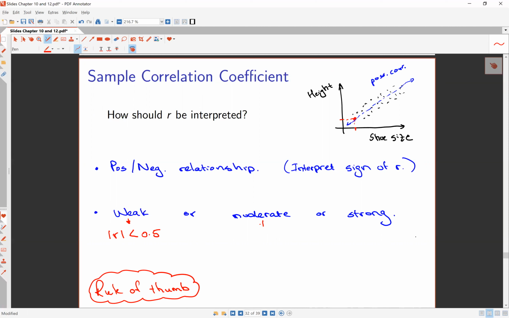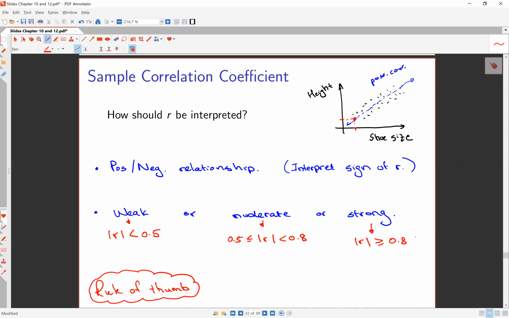A moderate correlation will be any time the correlation is 0.5 or larger up to 0.8. And a strong correlation will be any time in absolute value the correlation exceeds 0.8. And remember, absolute value, so we're only looking at the positive side, and it also can't exceed 1.